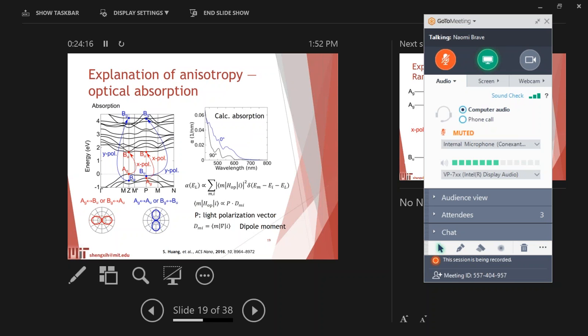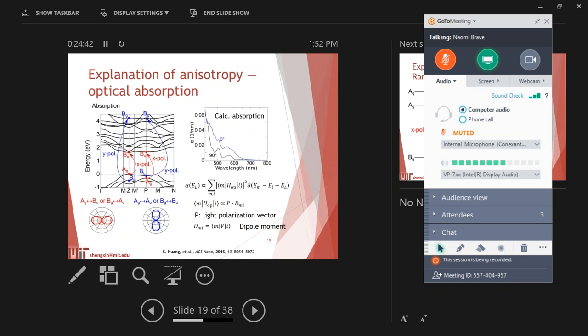And actually, if it's not totally X polarized, it will still have absorption, but the absorption is much weaker. So if the incident photon is along Y direction, then there is no absorption at all. So this is the Ag to Bu state. As you can see here, the optical absorption polarization polar plot can look like this.